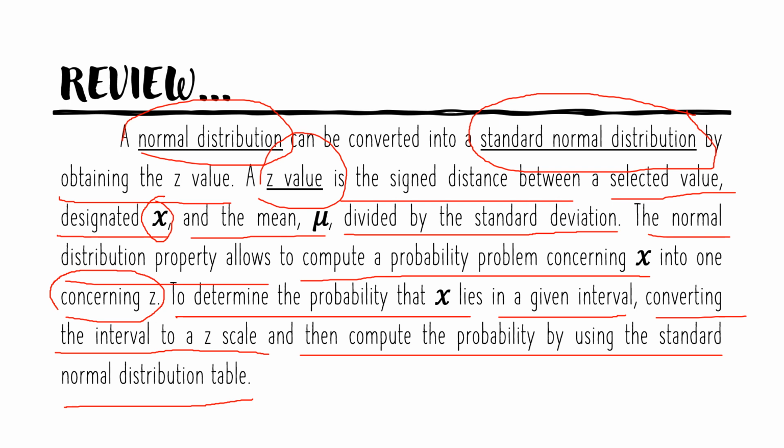This area that we can see in your z table is also a value of your probability. We can simply say that the probability we can map on your x will be equal to the area under your z table.